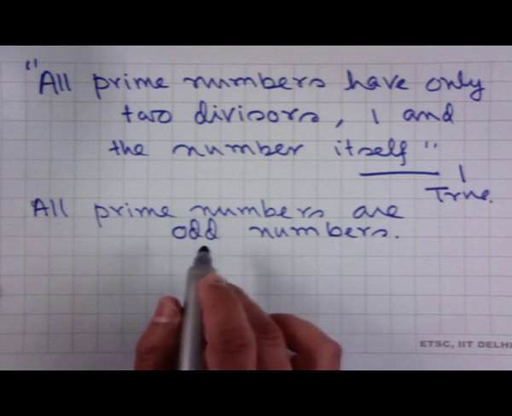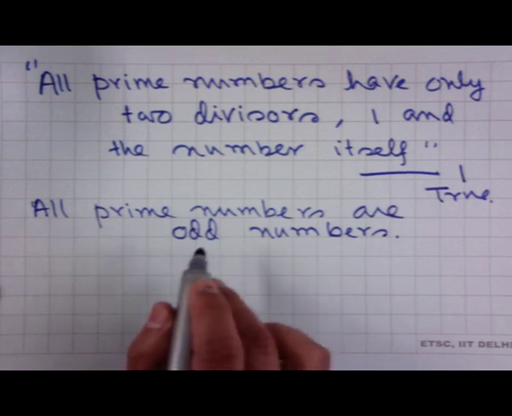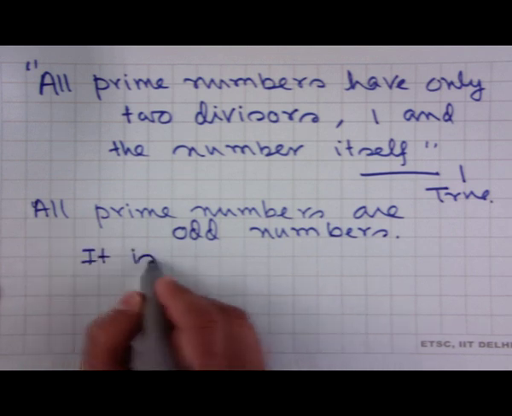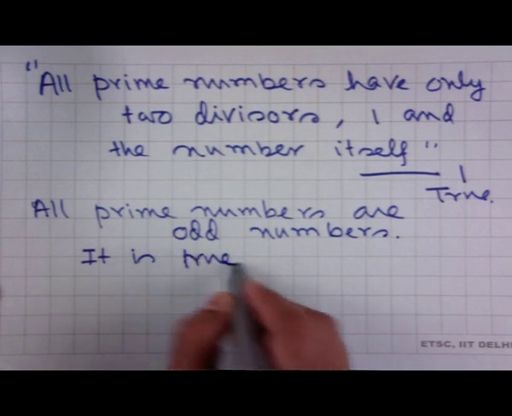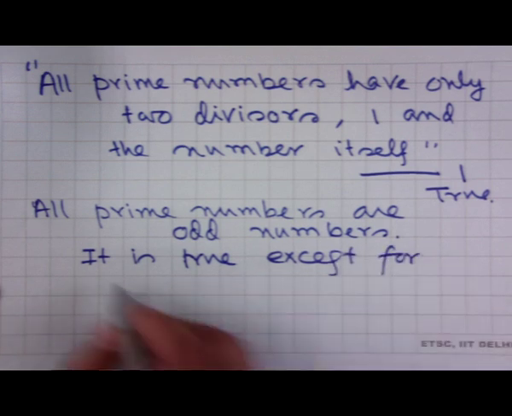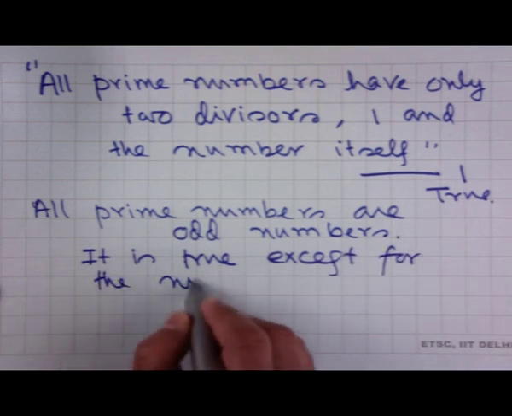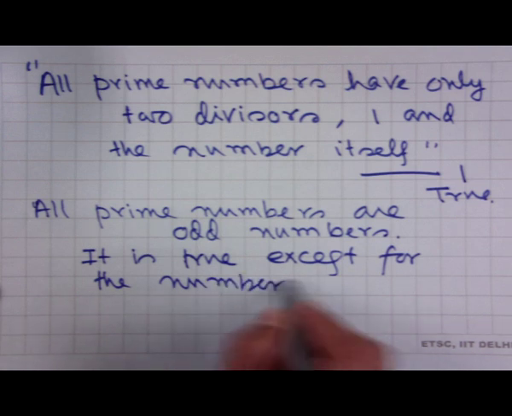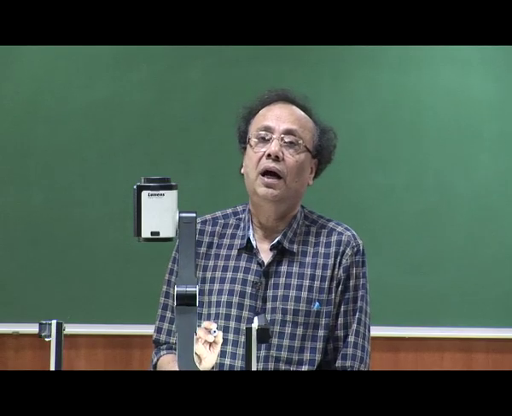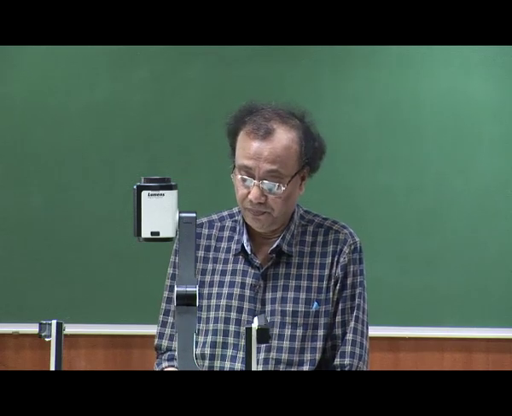We know that it is true except for the number 2, but we are allowed to give only two possible values, either 1 or 0.